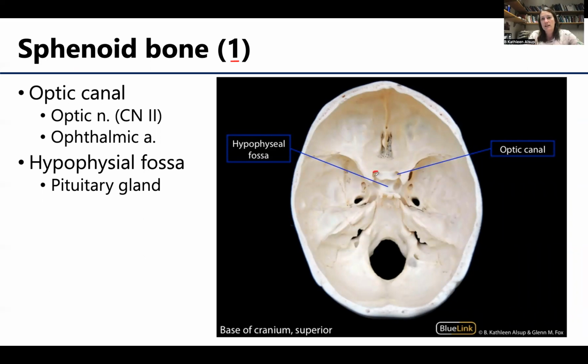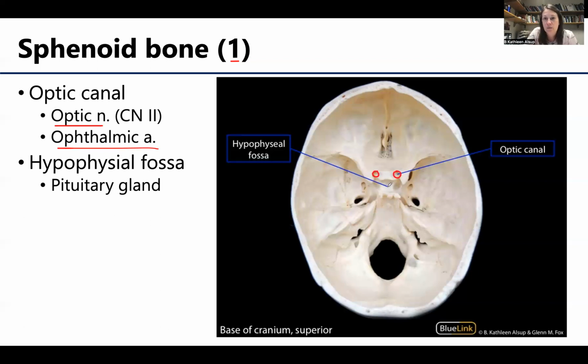Right here, you can see these two openings leading into a canal, and these are the optic canals. And as the name would suggest, it allows for the optic nerve to traverse this region. Very important in terms of vision. It also allows the ophthalmic artery to travel through and go supply things that are associated with the orbit.